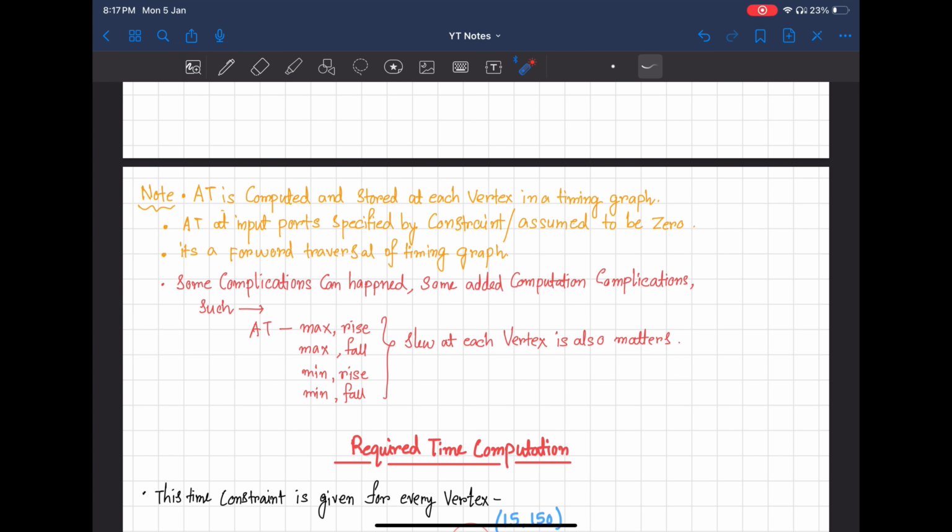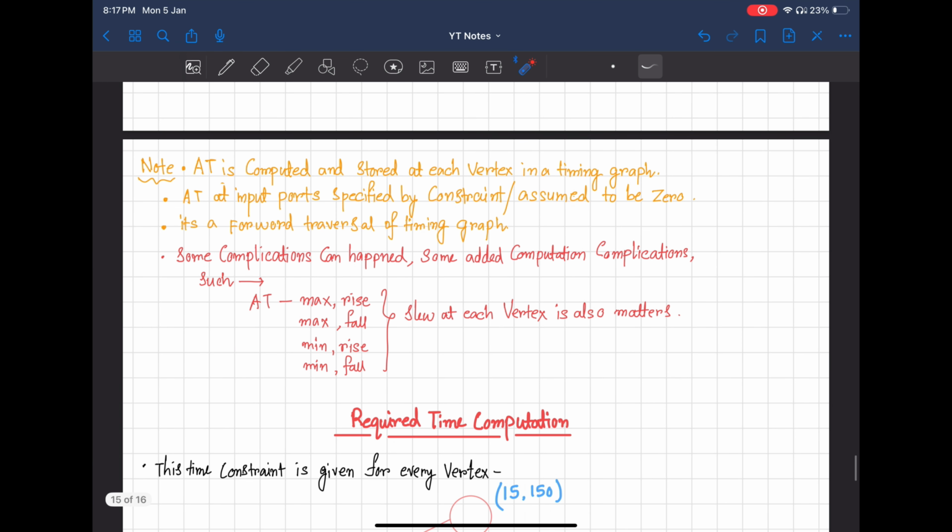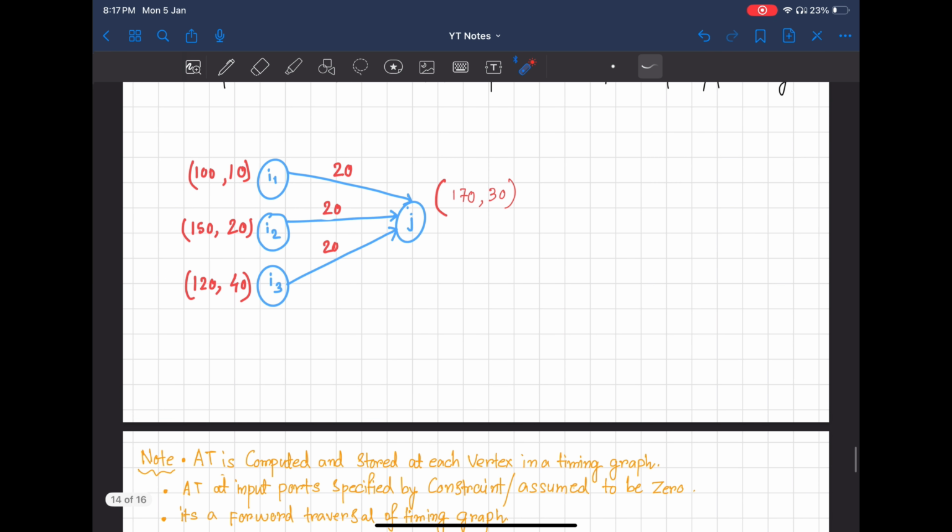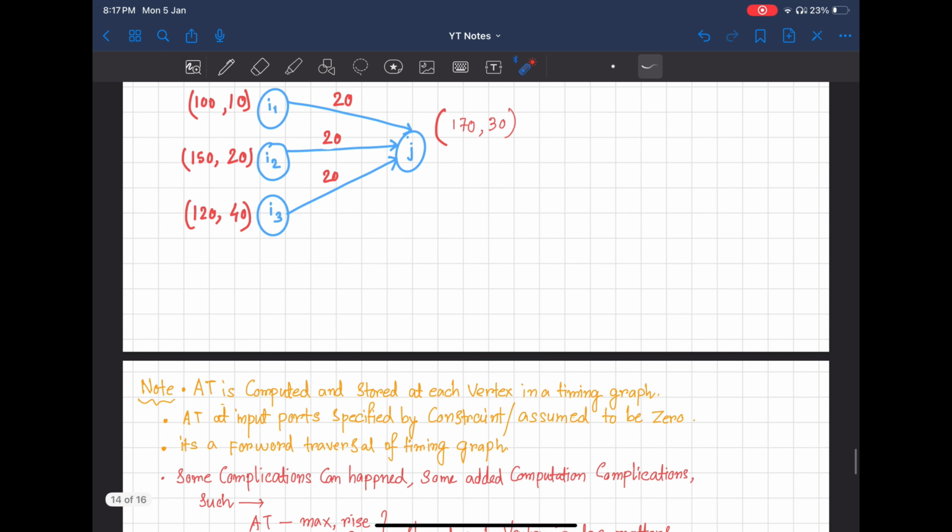A complication can also happen, because these are all input vertices of maybe one particular position or instance. You don't know, we are all assuming that. Whatever input signal may be coming here, you don't know how much slew it may have.